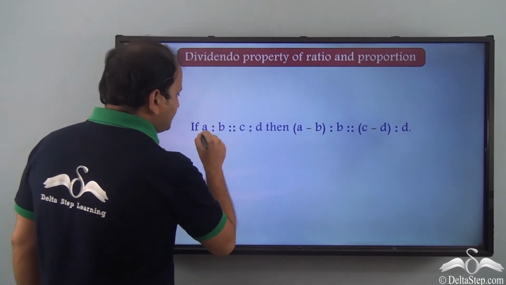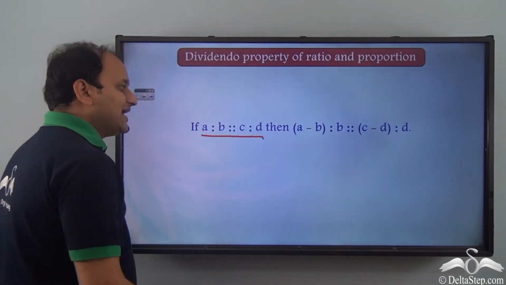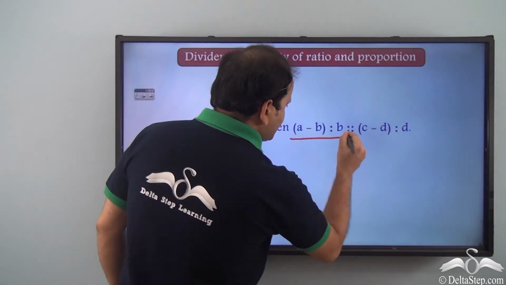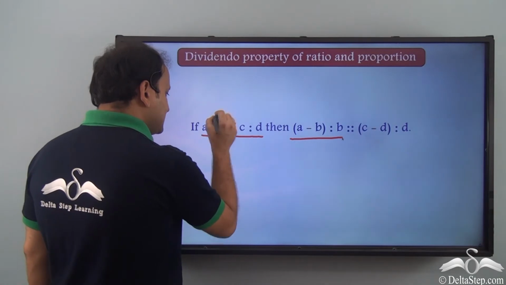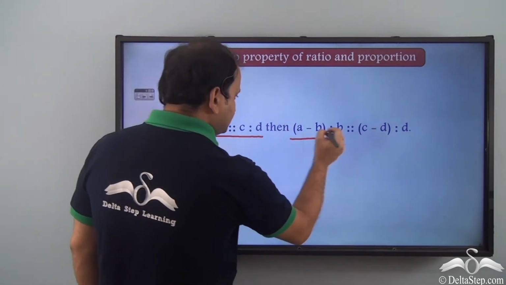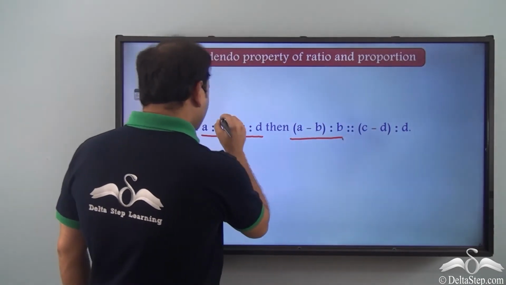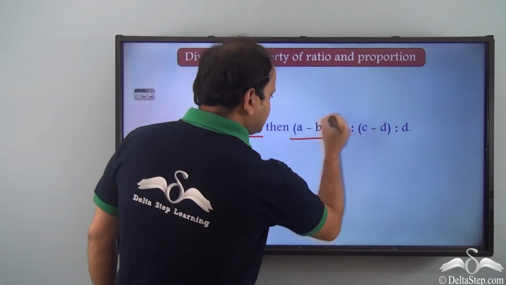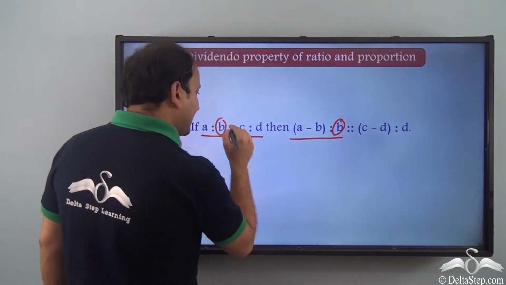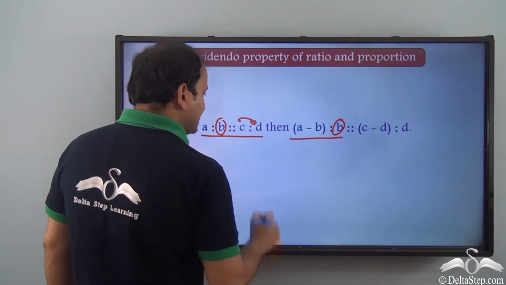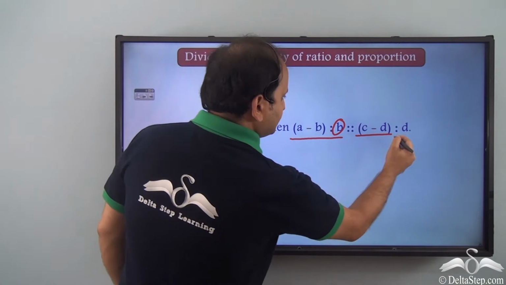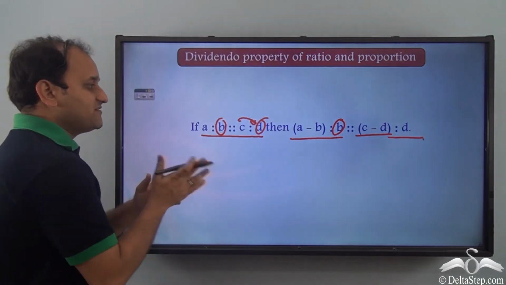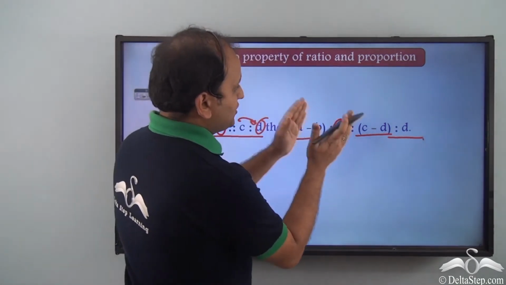If A is to B is proportional to C is to D, then A minus B is to B, that is, we subtract second term from first term is to the second term, is proportional to, again, C minus D is to D. So this is a very important property of ratio and proportion.